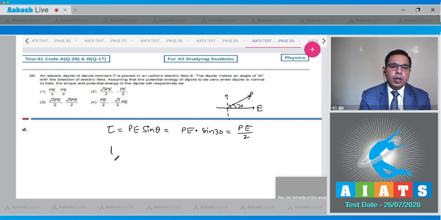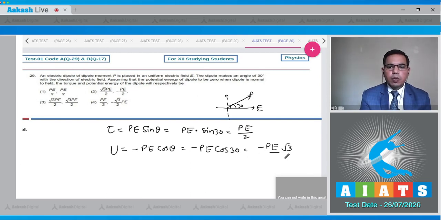Now what will be U? That will be minus PE cos theta, equal to minus PE into cos 30, which is minus PE root 3 by 2. Option number 4 will be correct.